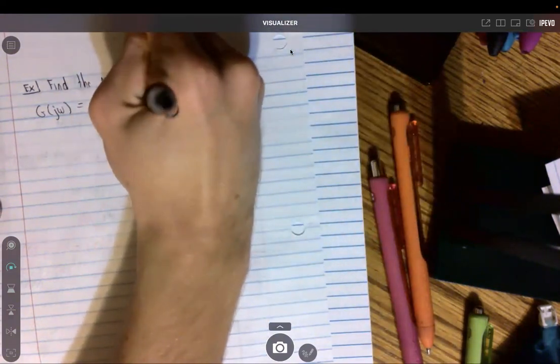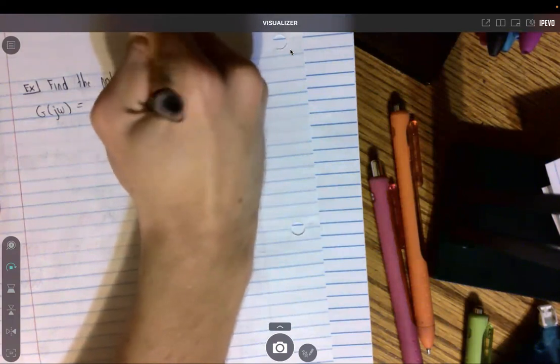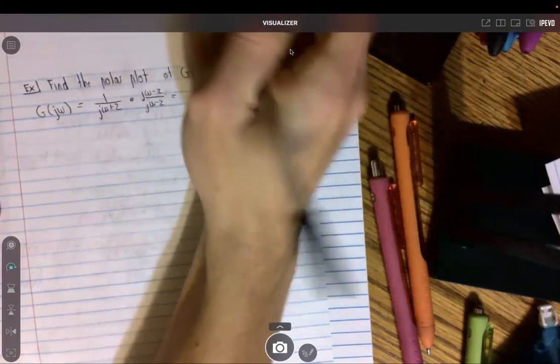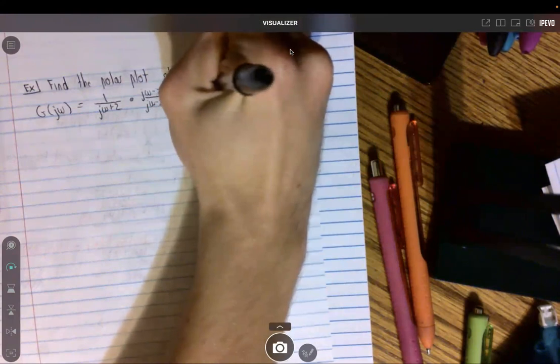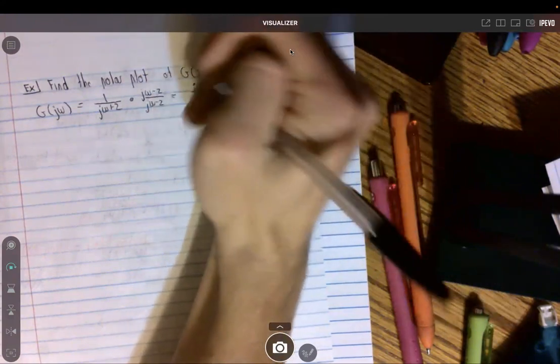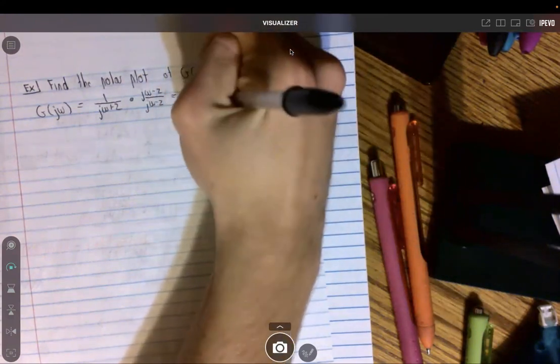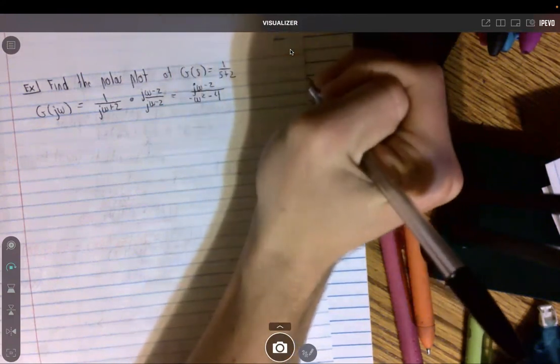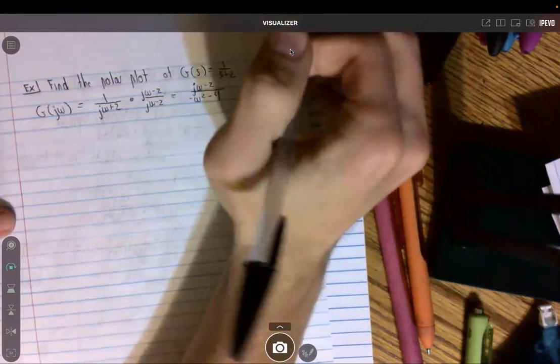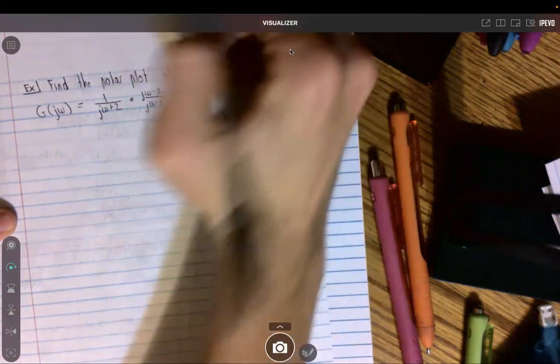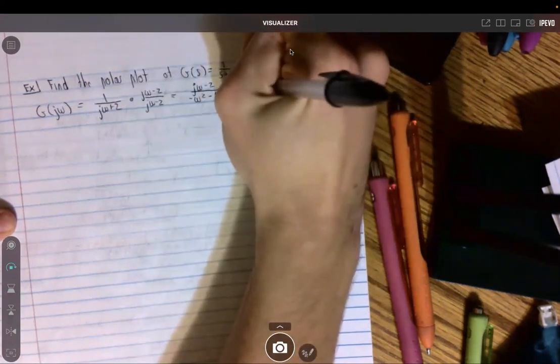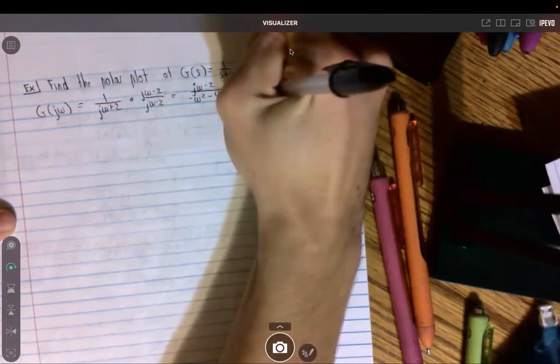And then you're going to multiply by the conjugate, so you'll have no imaginary terms in the denominator. So you're going to get j omega minus 2 all over, then this would be a minus omega squared and then minus 4. And then you're going to see you can separate this into two different fractions. 2 over omega squared plus 4.